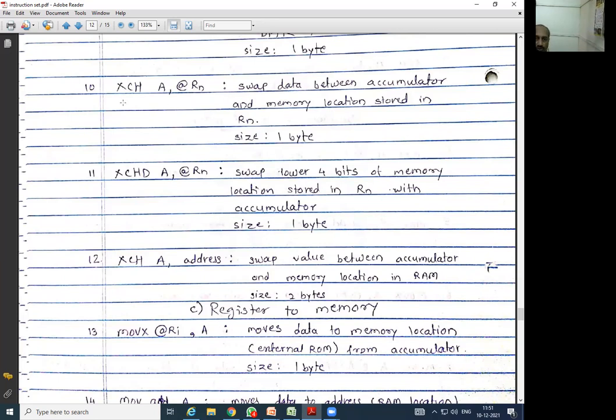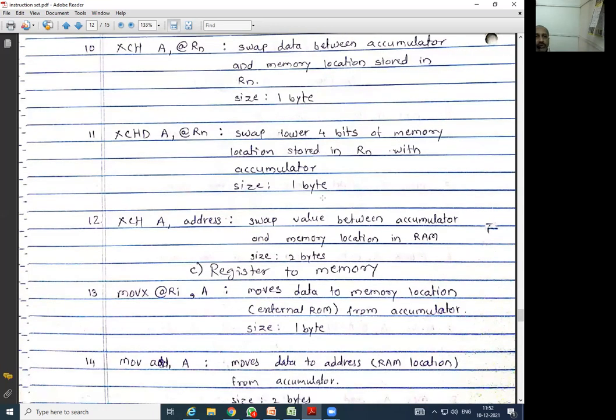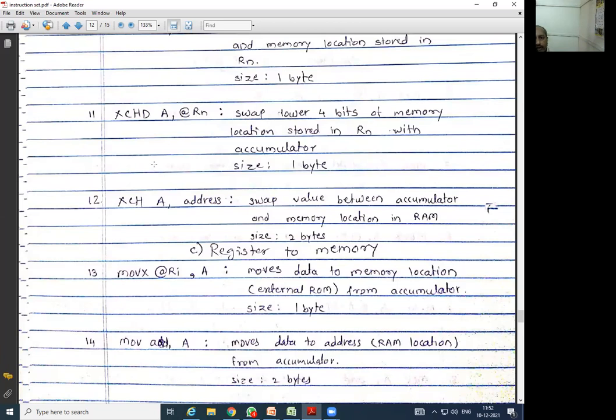That is exchanged. So swap the data between accumulator and the memory location stored in Rn. मेमरी लोकेशन स्टोर्ड इन Rn, जी मेमरी लोकेशन आहे त्या मेमरी लोकेशनवर जो डेटा आहे आणि अक्युमुलेटर मधला डेटा ते स्वॅप केले जातात.